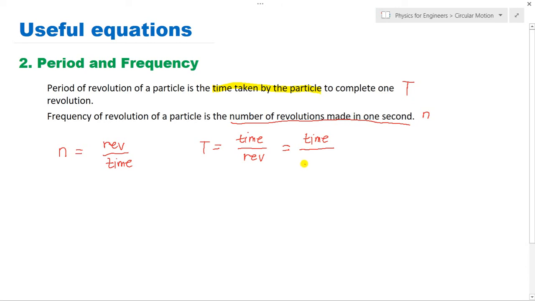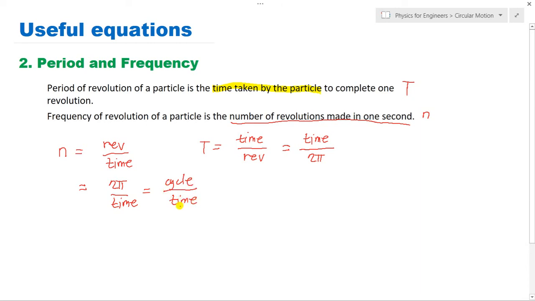So this is equal to 2 pi, kasi 2 pi radians is equal to 1 revolution. And we can also denote N as 2 pi per time. In other books, or in other terms, they state this as cycle. This is cycle per time, like hertz.